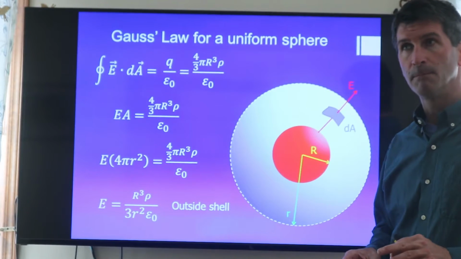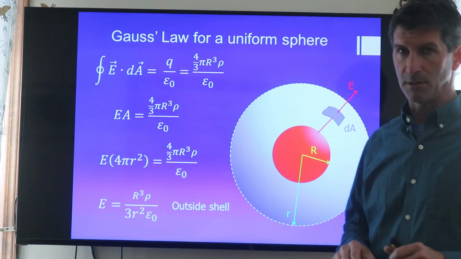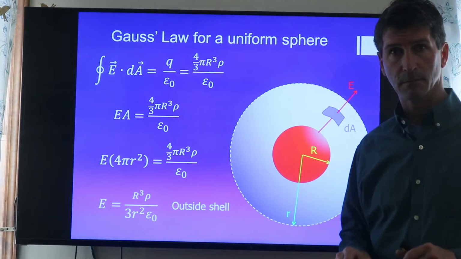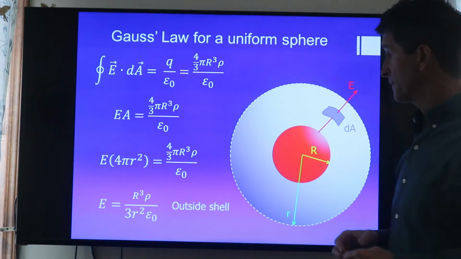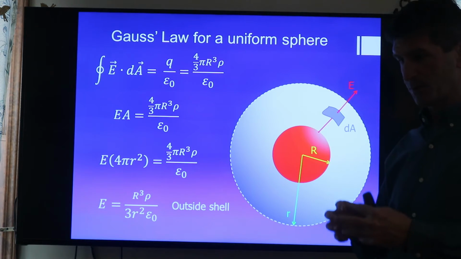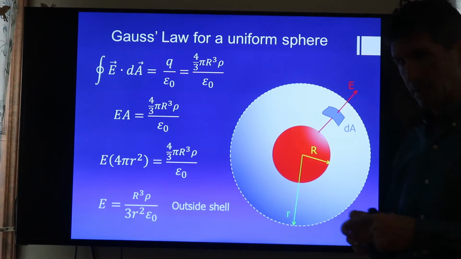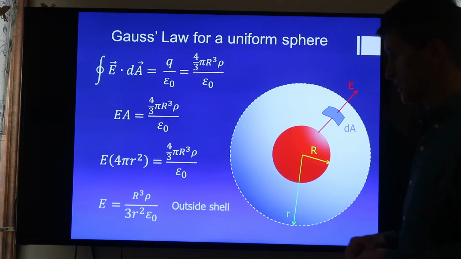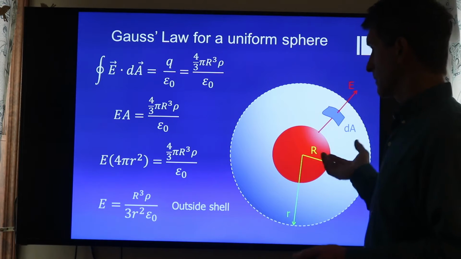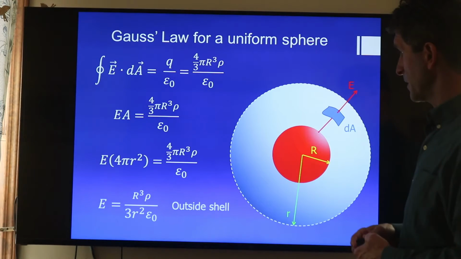It would have been not impossible, but a very difficult integration for this charge right here. What we would have to have done is create infinitesimal shells, which gradually went from 0 to the radius of the sphere and integrated outward based on those shells. Fortunately, Gauss's law allows us to get away from such a crazy integration.